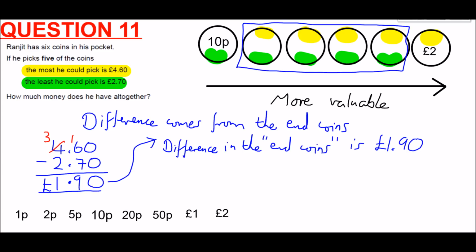So, you know, we could make up whatever as long as it fits. So the middle 4 coins, we could have another £2, then it could be 3 20p's. That would work, as one example.